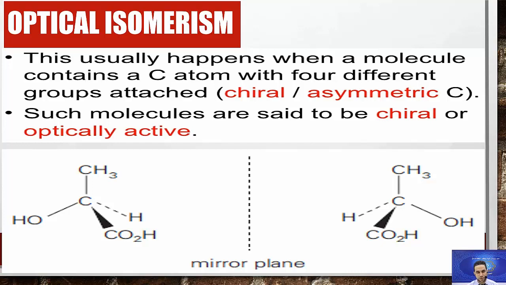See the 4 groups, all of them different: H, OH, CH3, CO2H. So if I have 4 different groups, this carbon is called chiral carbon. What is meant by chiral carbon? It is a carbon atom bonded with 4 different groups. So this is the last type, optical isomerism.